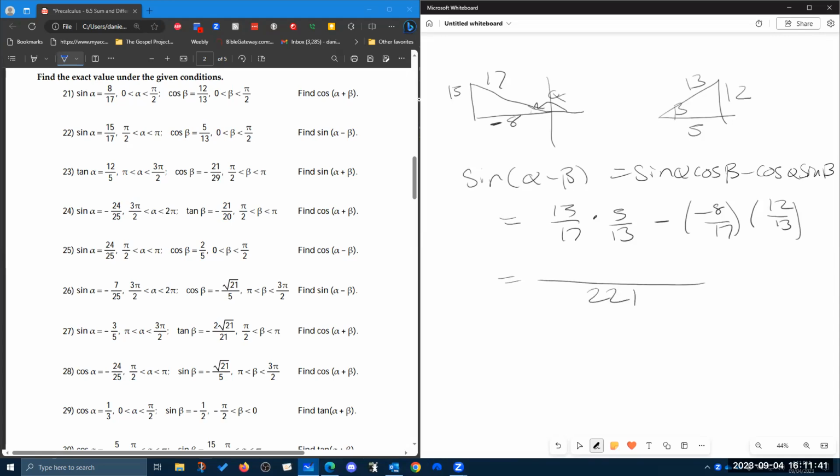And then 5 times 15 is going to be 75 plus 96, which gives us 171/221. That should be our exact value, and nothing's going to go into that. That's a 9 and a 19, and this is a 17 and a 13.